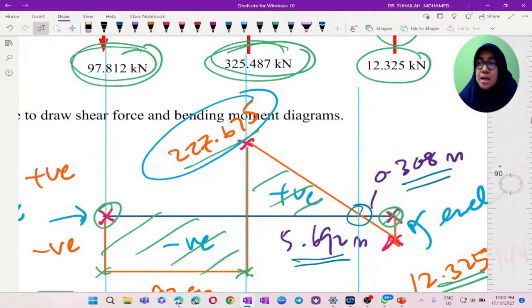For every question under topic 1, topic 2, topic 3, you have to get familiar with how to draw the shear force diagram and bending moment diagram. And actually you don't have to write the shear force equation in order to draw the shear force diagram, and you don't have to write the moment equation in order to draw the bending moment diagram.